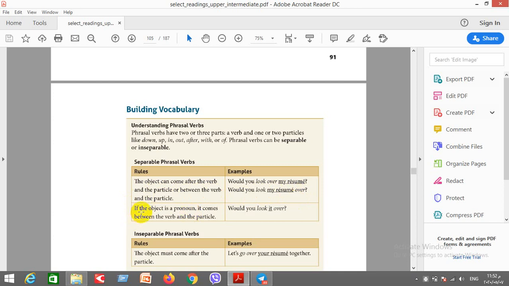Now if the object is a pronoun like "it," where does it go? Between the verb and the particle. So it becomes "look over it."